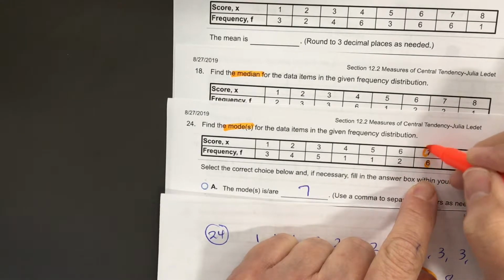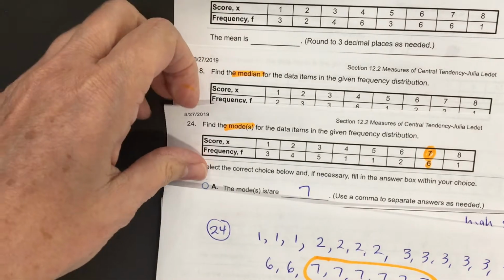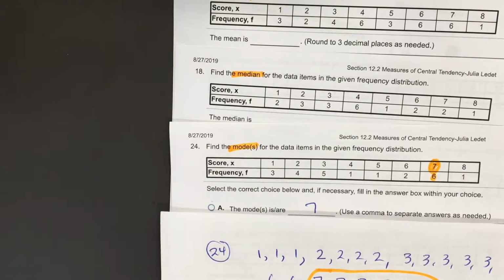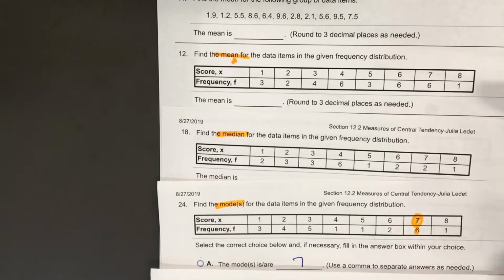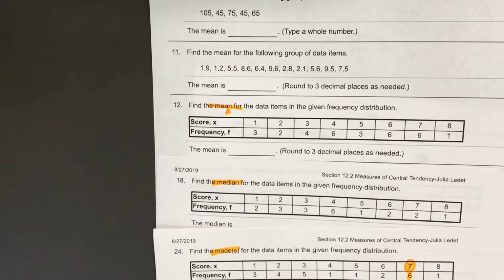The score was a 7. So on the mode question, you cannot ignore that second line. You have to look at it and come up with what it means. On the median question, you cannot ignore the bottom line. And on the mean question, you cannot ignore that second line.